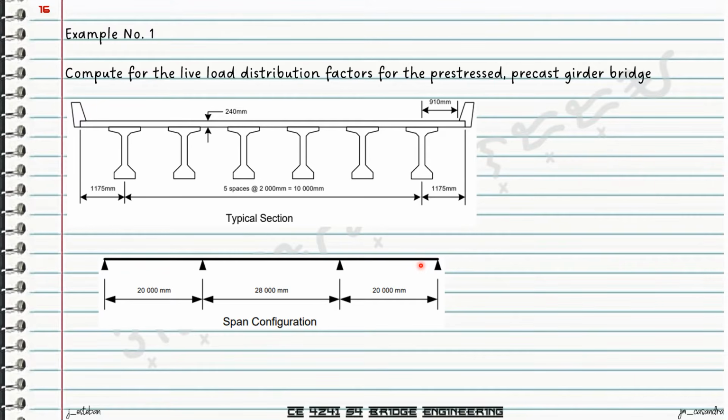So we are given the properties of the bridge for the girder. It is designed using the AASHTO type V girder with area 653,587 square millimeters, moment of inertia 216.9 times 10 raised to 9 millimeters raised to 4.